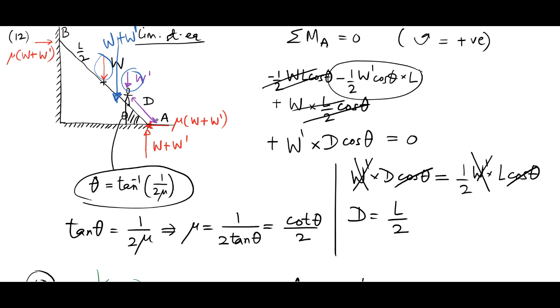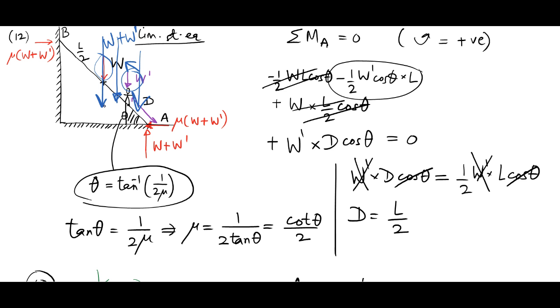So when the man is ascending the lower part of the ladder, it essentially means that the force W plus W dash is acting somewhere here, maybe in the beginning, and then it goes up, and then finally it reaches this point. So naturally, if you compare it with the question that I just did, it means that the system is going to be in comfortable equilibrium when the man is in the lower half of the ladder, until the man reaches the midpoint of the ladder.